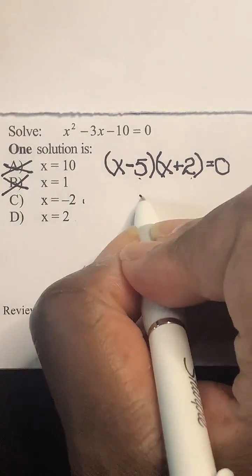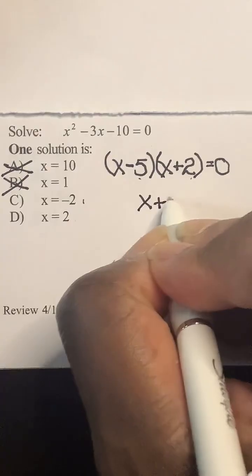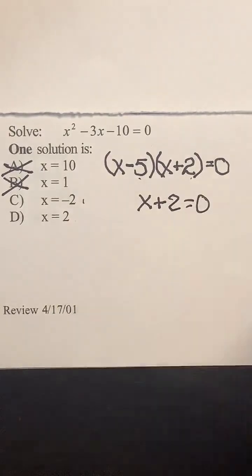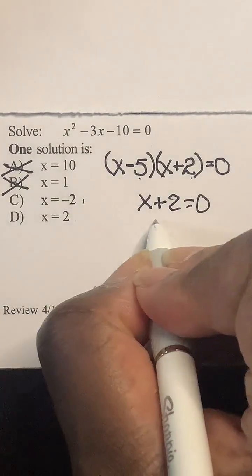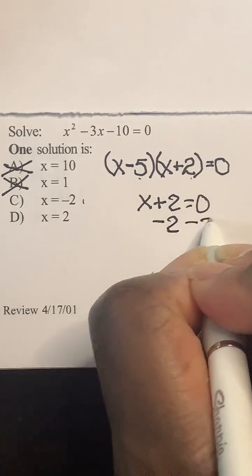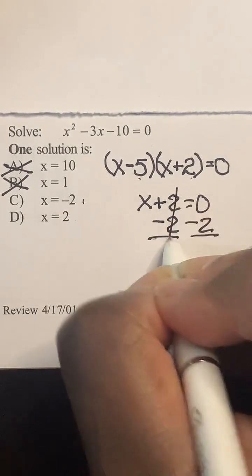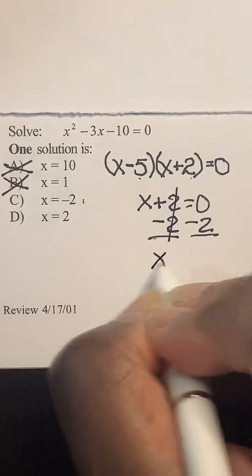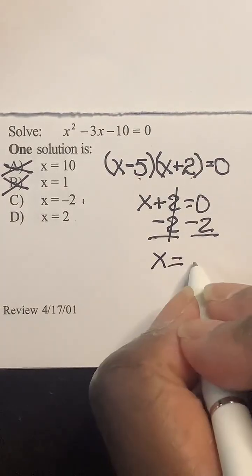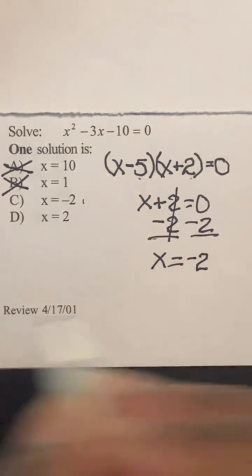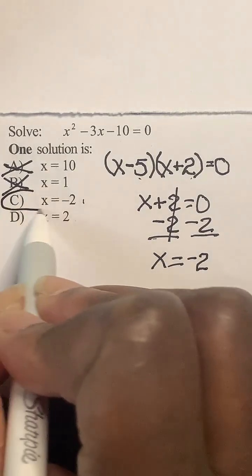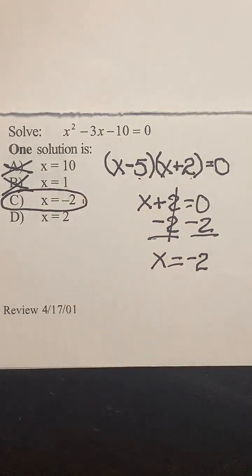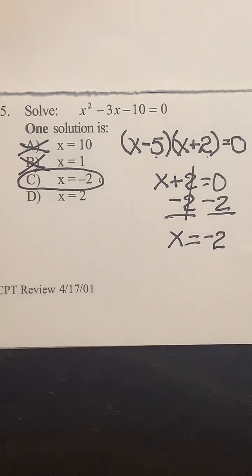So I need to subtract 2, because that's the only way I can get my x by itself. 0 minus 2 gives me a -2. So my answer is actually going to be the -2.